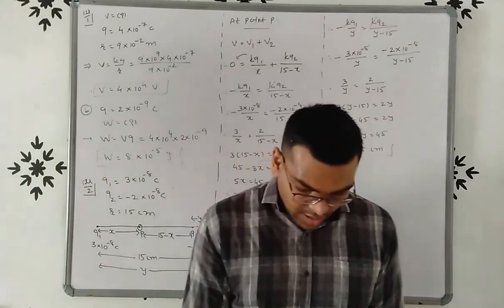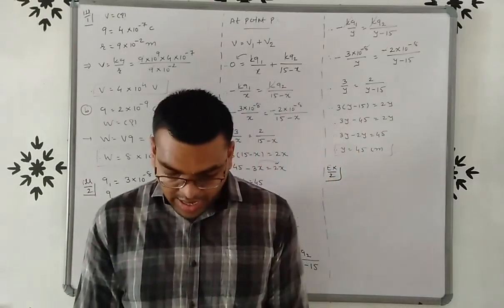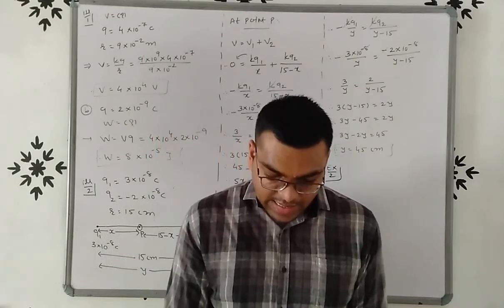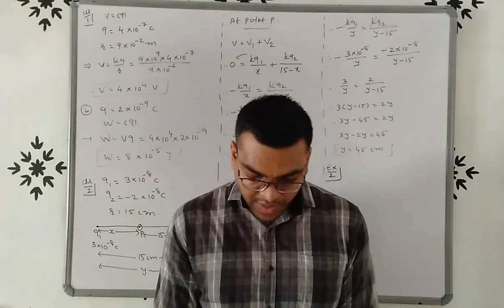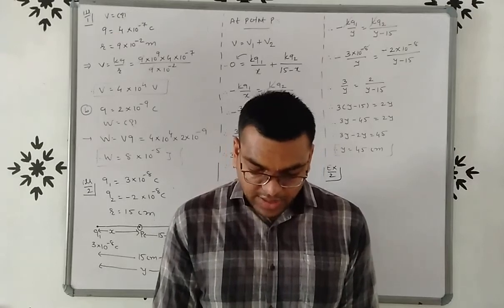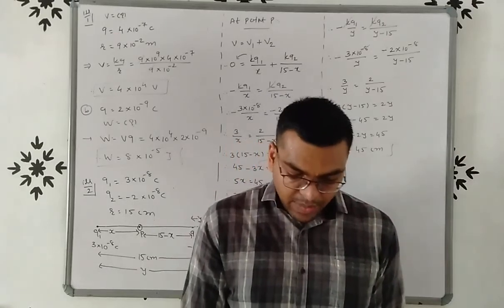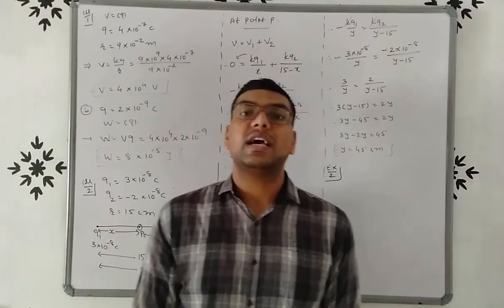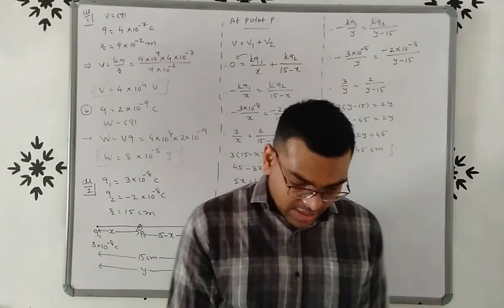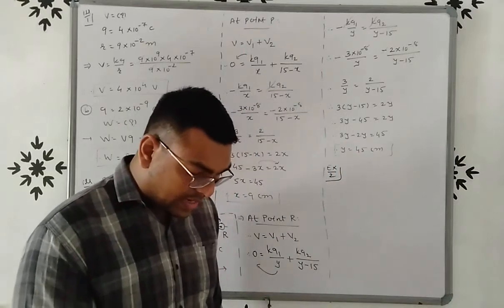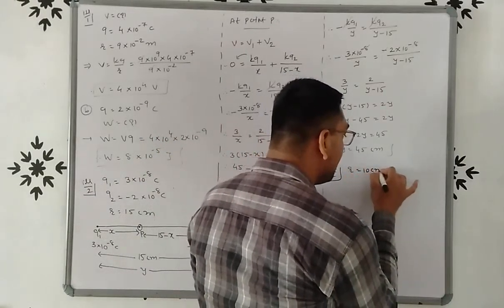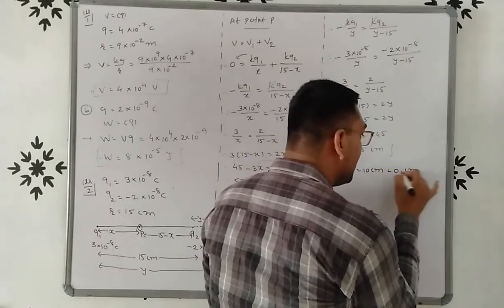Now see example number 2. A regular hexagon of side 10 cm has a charge of 5 microcoulomb at each of its vertices. Calculate the potential at the center of the hexagon. So here the side of the hexagon is 10 cm, so R is equal to 10 cm, that is 0.1 meter.